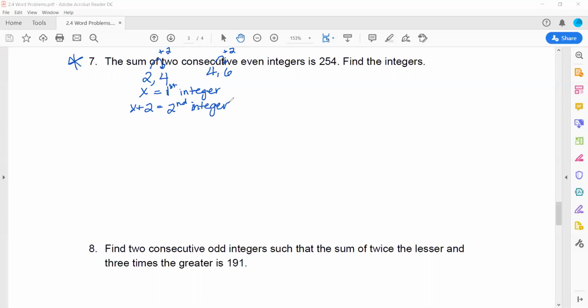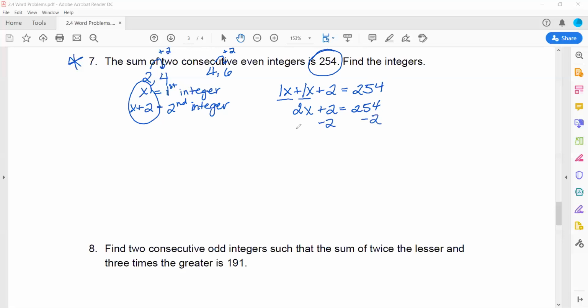Okay, so now we know the sum of them is 254. If we add these 2 expressions, we should get 254. So x plus x plus 2 equals 254. Combine like terms: 1x plus 1x is 2x, plus 2 equals 254. Get our constants on the right, so we'll subtract 2.